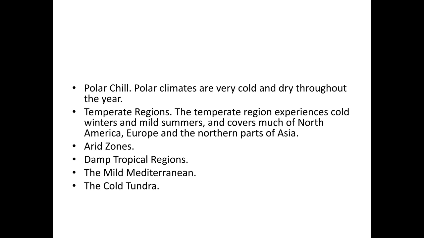The polar chill. Polar climates are very cold and dry throughout the year. The temperate regions are neither too cold in the daytime nor hot at all, but always offer a salubrious, cool and warm climate and cover much of North America, Europe and northern parts of Asia.